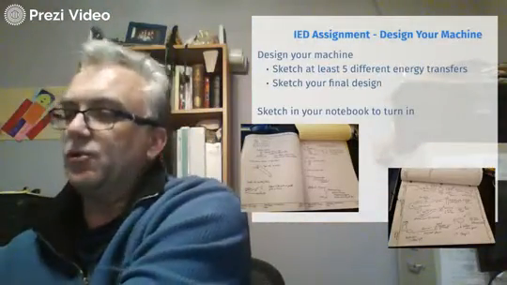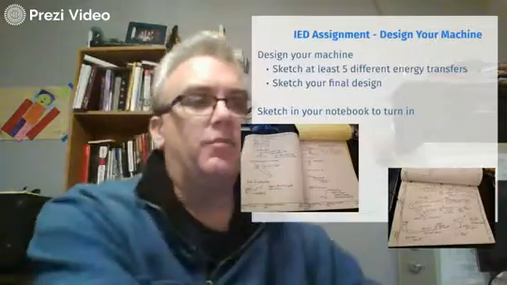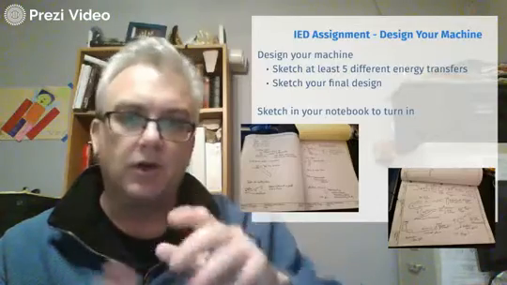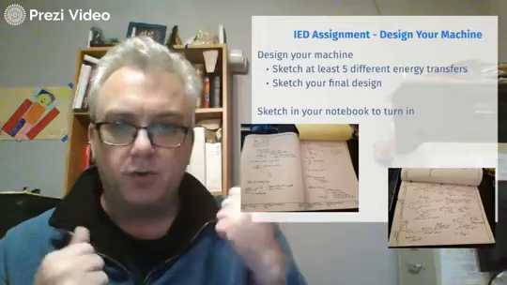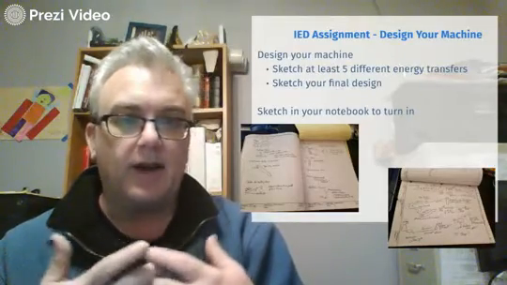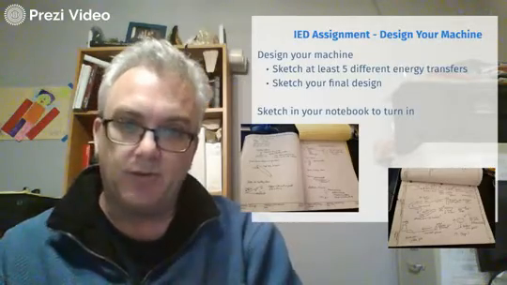Things rolling down tubes, things rolling down inclined planes. Think about the simple machines that we used before, where things are turned, or gears are turned, or things rolling down, or things being pulled by strings. Think about all the forces that we've been looking at and how you might design an energy transfer. That's what I want you to have in your notebook.